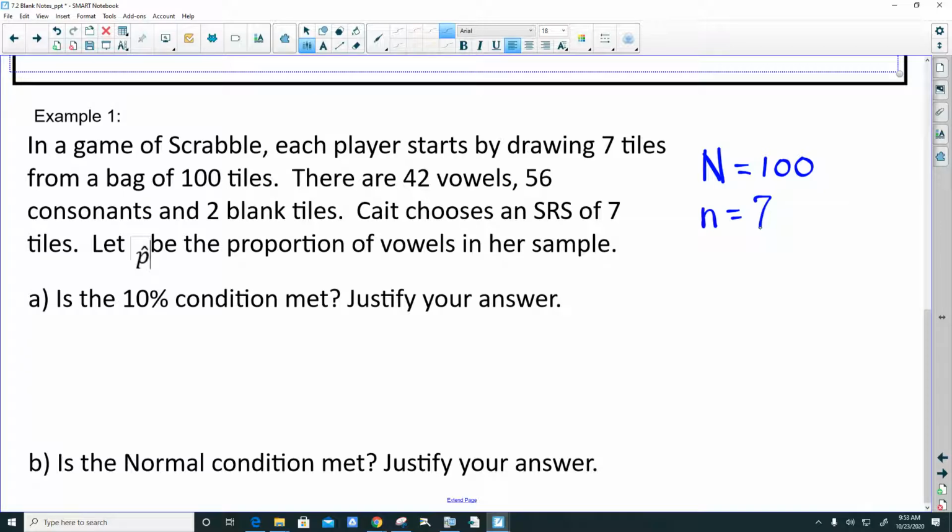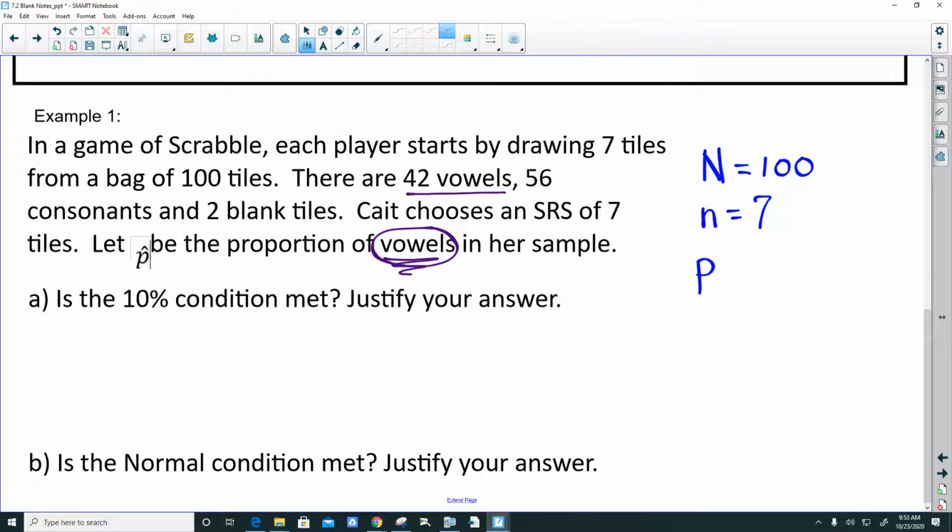We're going to let p hat be the proportion of vowels that are in her sample. So our variable of interest here are the vowels. That's what we're focusing on here. So it mentions that there were 42 vowels in the bag total. So technically, I know what the true actual proportion is.